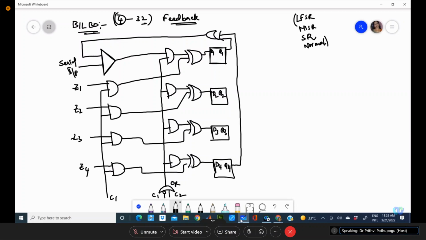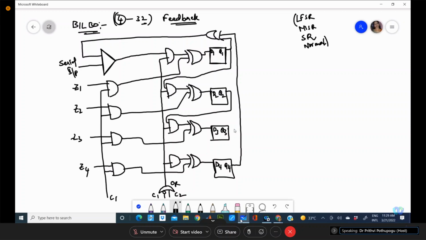Now this Q1, the previous output, should be fed as the input to the next flip-flop. So that feedback will take that as the input to the D flip-flop. Like this I am connecting. This is the total setup of your BILBO.